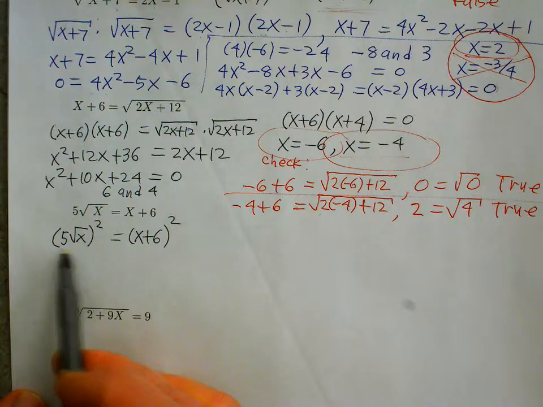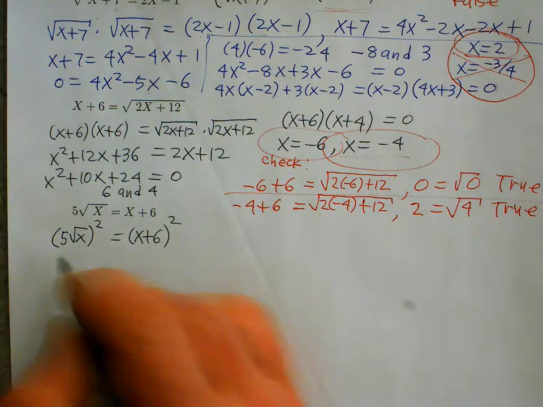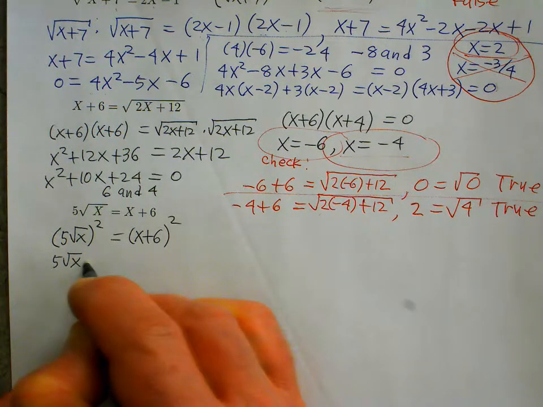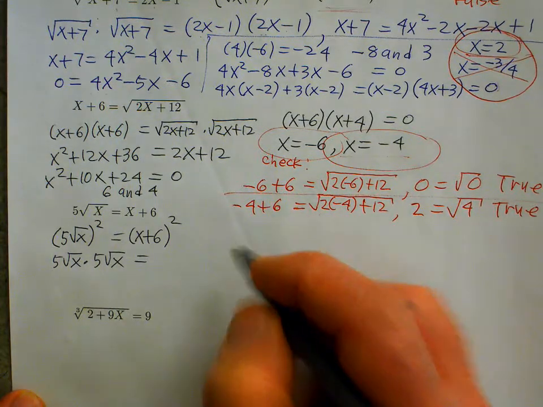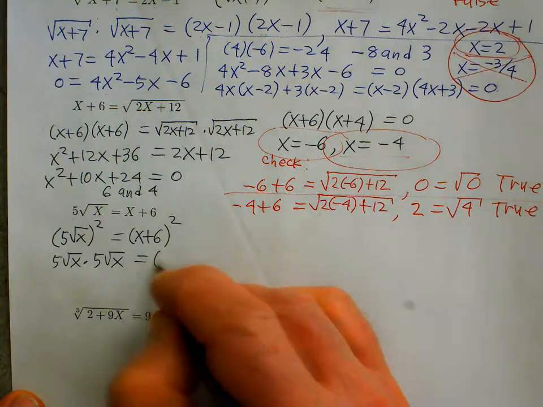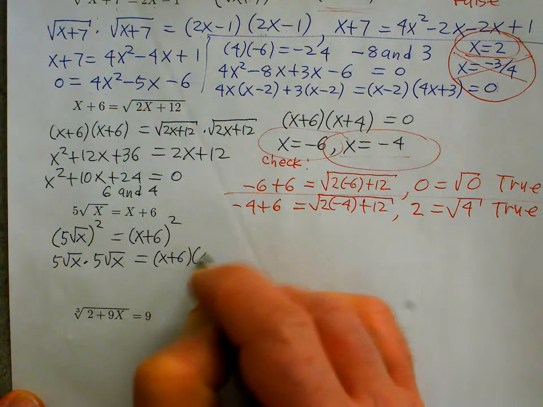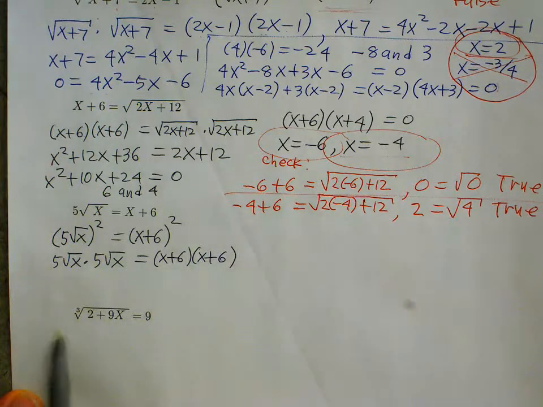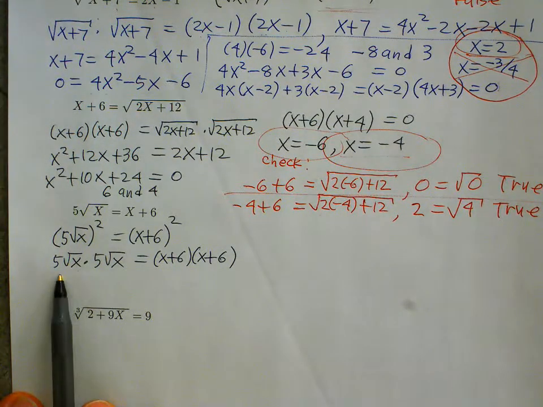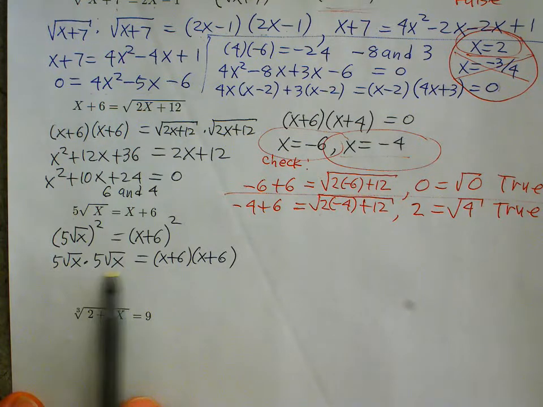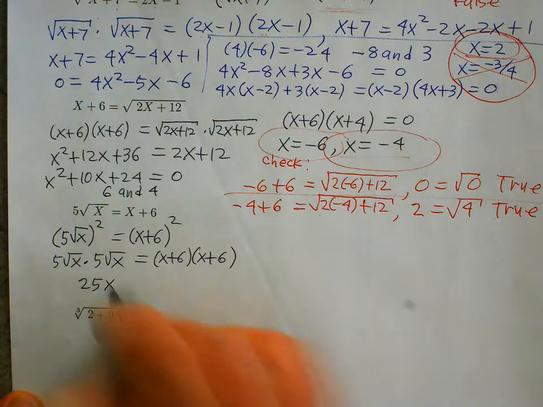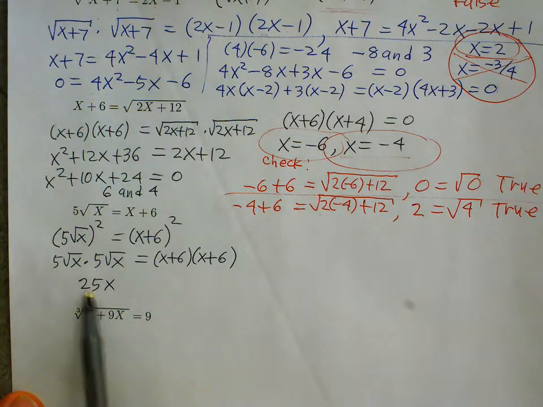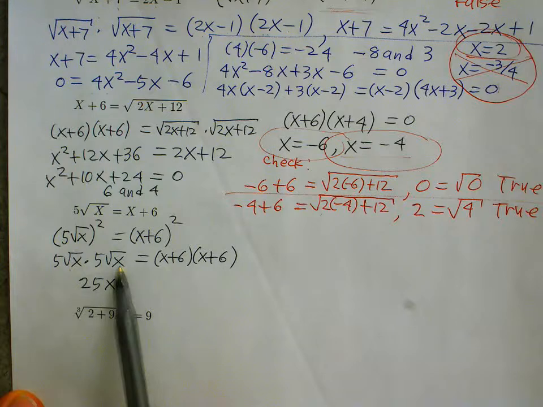So 5 times the square root of x squared means 5 times the square root of x times 5 times the square root of x. And x plus 6 quantity squared is x plus 6 times x plus 6. On the left-hand side, that is 25x, because 5 times 5 is 25, and the square root of x times the square root of x is x.